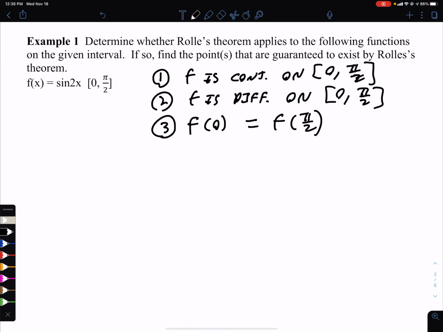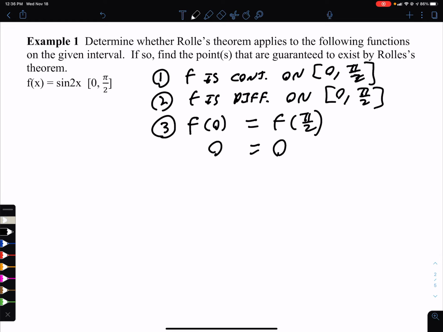We have to show that the endpoints have the same y value. So f of 0, the sine of 0 is 0. F at pi over 2, well, pi over 2 times 2 is pi, and the sine of pi is 0. So I've shown the first 3 conditions are met. It's continuous, it's differentiable, and the endpoints have equal y value.